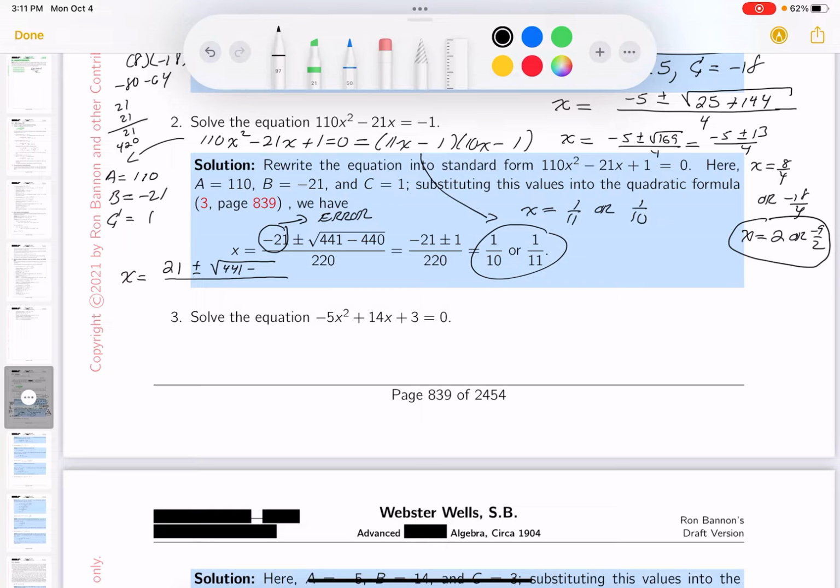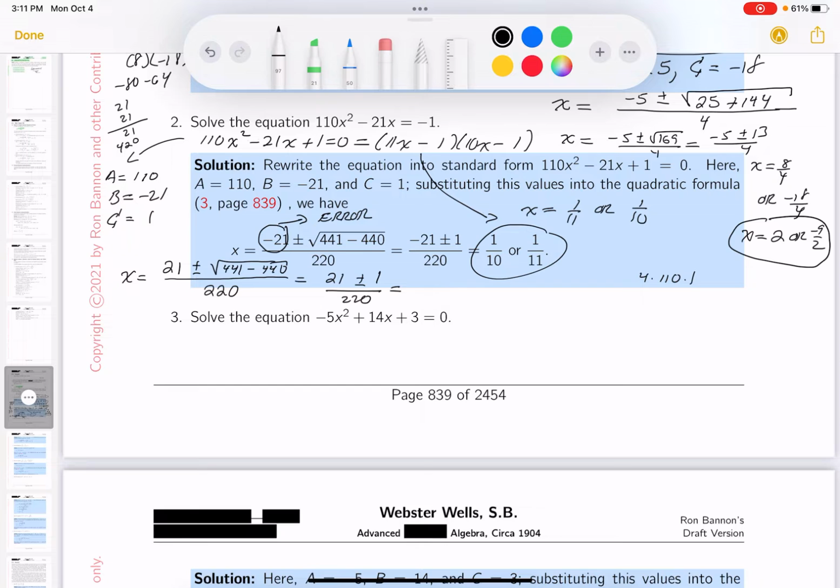Minus, well, now I've got to do the 4 times the A, that's 110, times the C, which is 1. That's going to be 440. Over twice A. What's twice A? 220. This doesn't look too bad. It's 21 plus or minus, well, 441 minus 440 is just 1, and the square root of 1 is 1, over 220.